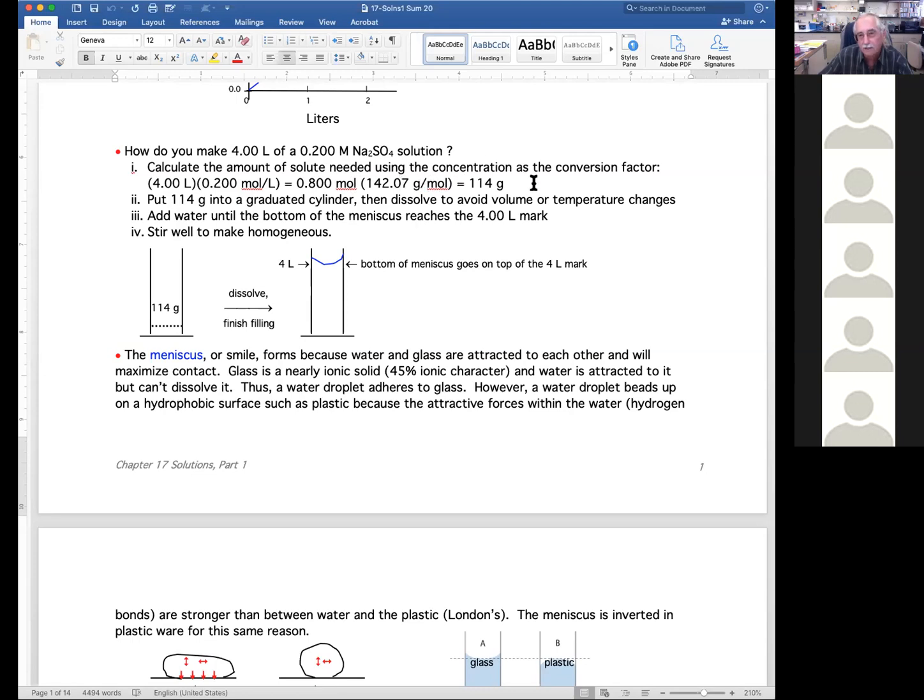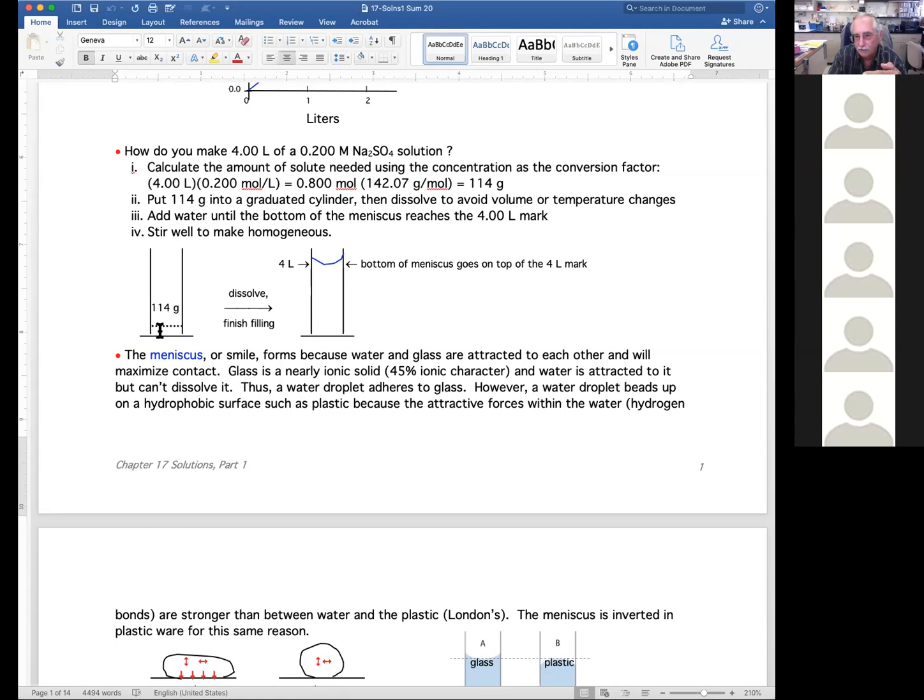So I calculated I need 114 grams. So what do I do? I put it into a graduated cylinder, which is something like we looked at earlier, right? And I add a little bit of water to dissolve the solid because I want to get rid of any volume changes that happen when you dissolve it. And I want to get rid of any temperature changes that happen when you dissolve it.